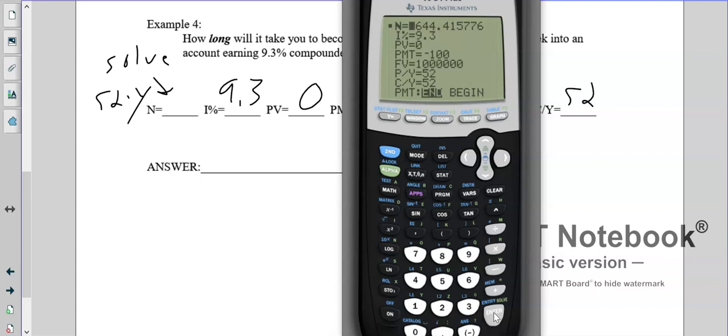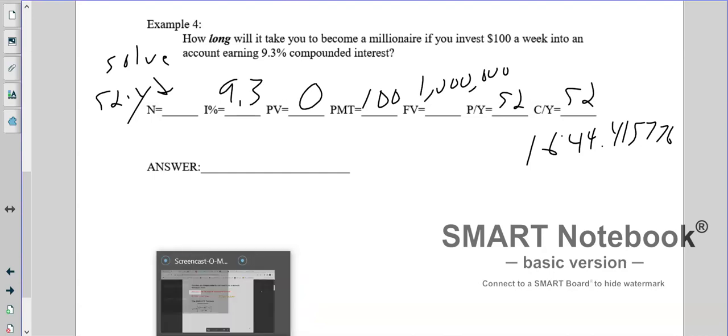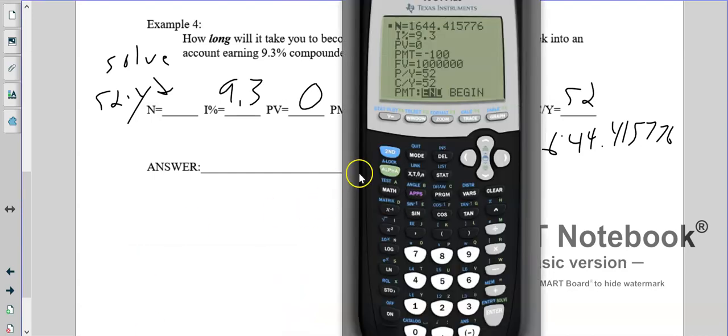Okay, so there's our answer, 1644 point, I'll just put the whole thing, 415776. Now what we need to do is take that number, 1644.415776, and divide by 52, and we get about 31.6 years.